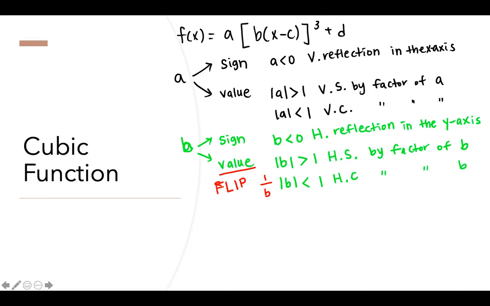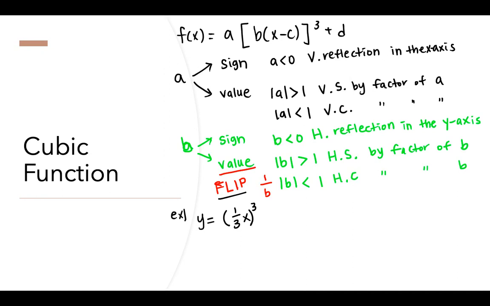Now let me show you an example of how to understand this. So for example, if I were to have y is equal to (1 over 3 x) cubed. So 1 over 3 is inside the cube, so this is going to be my b value. So what you have to do is first, you have to flip it.